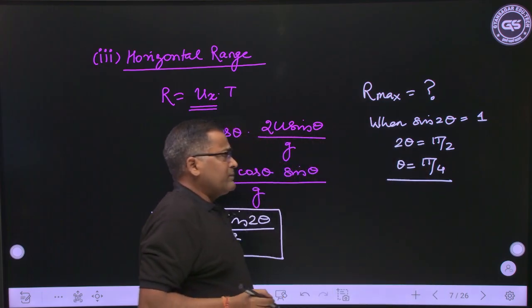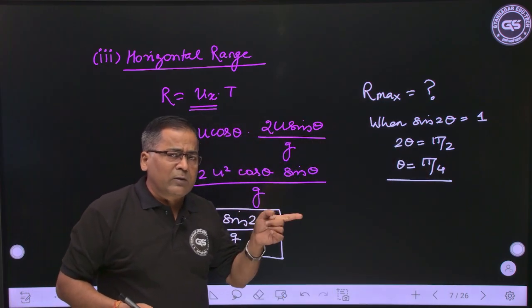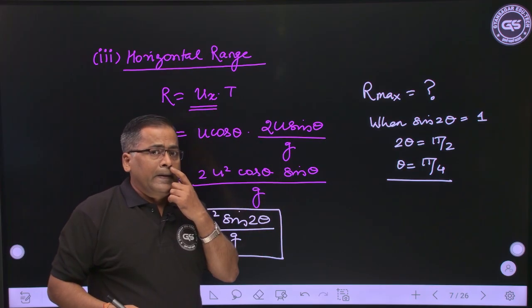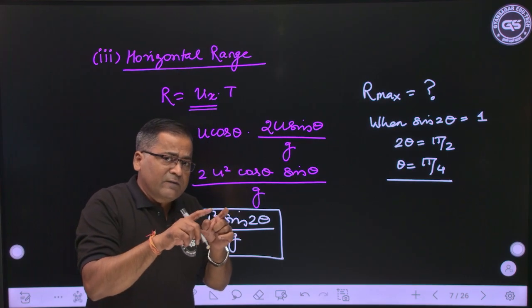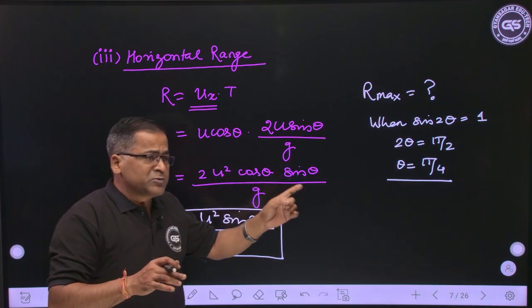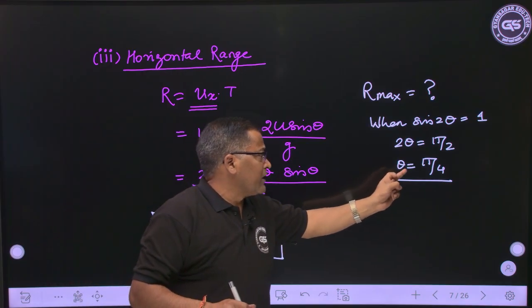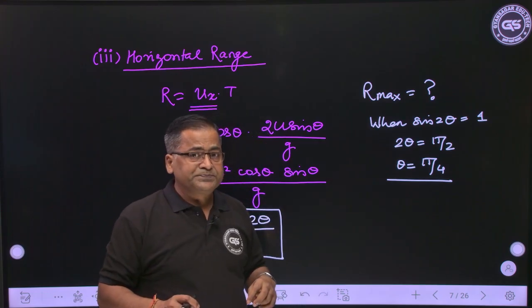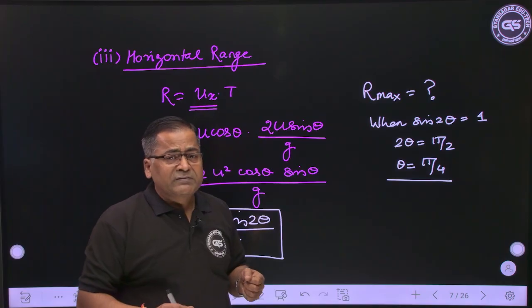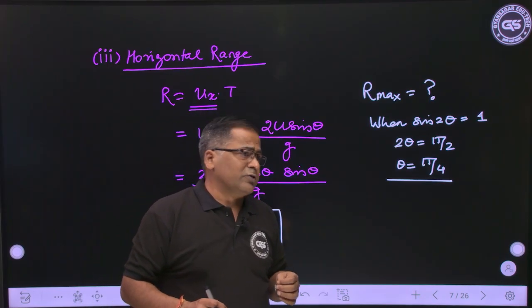So, for maximum range we have to throw the body at 45 degree angle. For same velocity it will go at the farthest point if it is thrown at an angle of 45 degree. So, this is how to find maximum range in projectile motion.